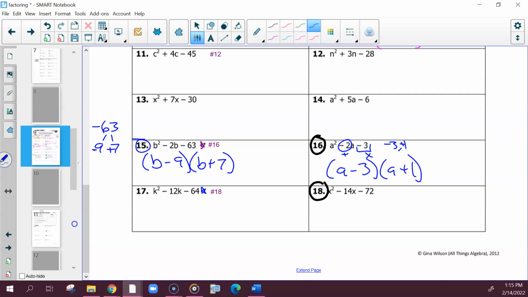And go through all of those. That will help you recognize which type. Of course, you don't have to do that because you could just find the factors and then determine it here. But that may also help you when you go through each problem. Anyone have any questions on this so far?